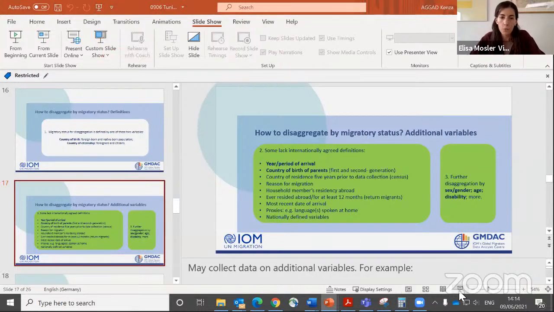I should add that the one drawback is clearly that this information cannot be compared at the international level with data from other countries. Finally, I mentioned that migrants are not a homogeneous group. This also means that wherever possible, additional disaggregation is recommended by sex or gender, age, disability status, and a few others, in order to reveal any potential overlapping inequalities that may be affecting an individual.